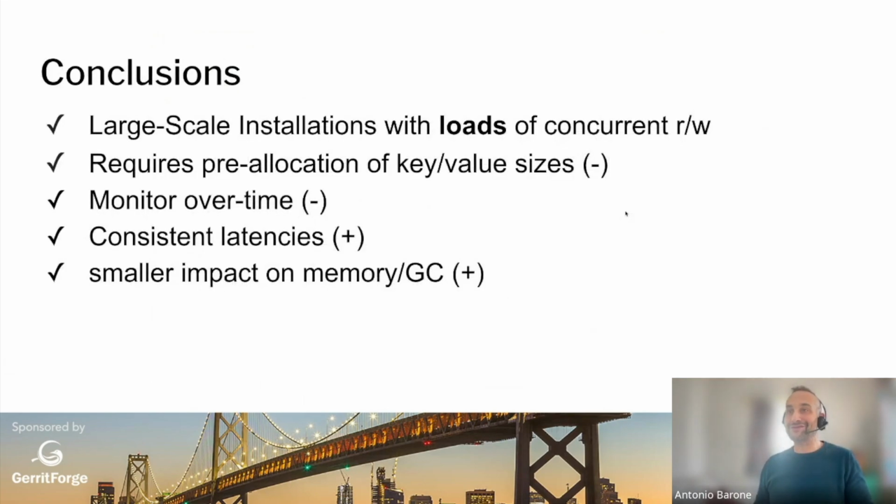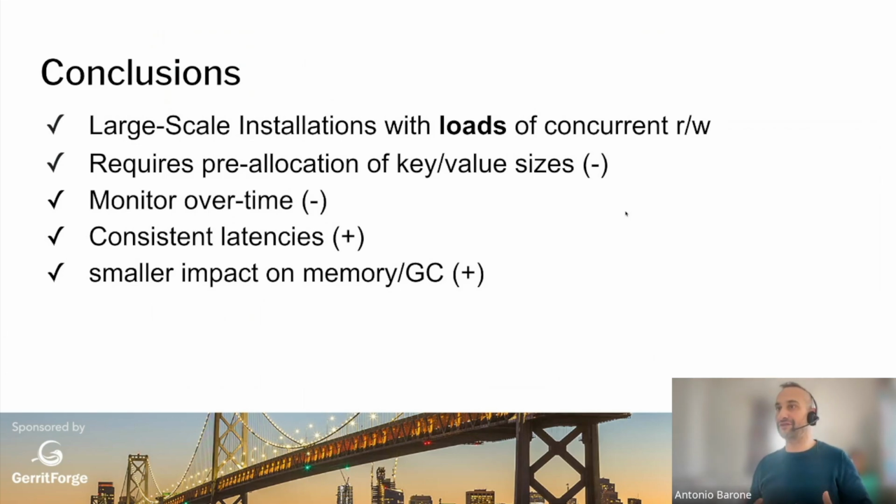So, conclusions. ChronicleMap is well suited for large scale installations with lots of concurrent reads and writes. It doesn't mean that you couldn't use it in any installation. It's also true that smaller installations will just do fine with H2, so probably you don't need to go through the effort of configuring the plugins and the pre-allocation and so forth.